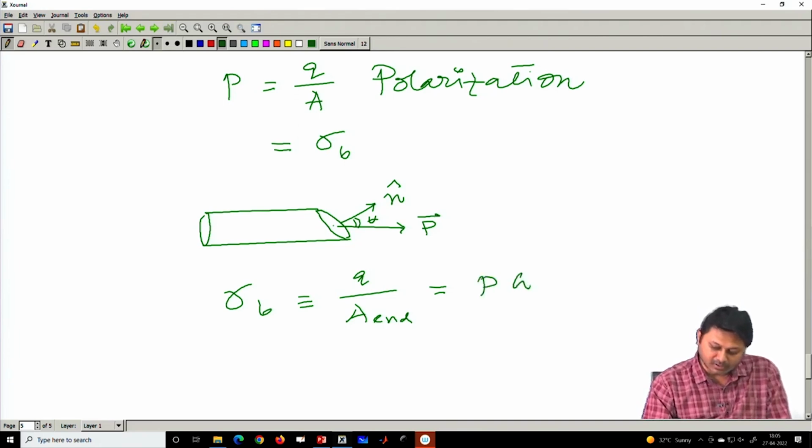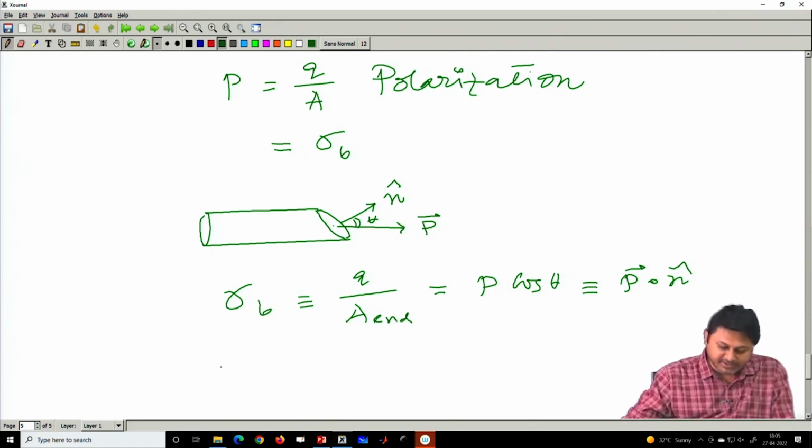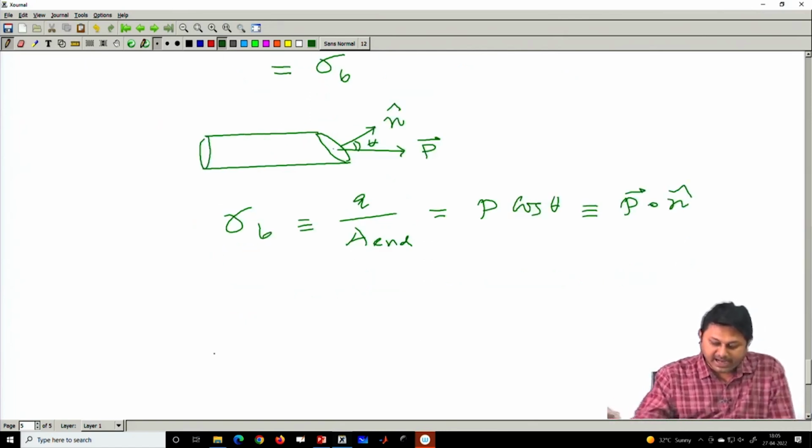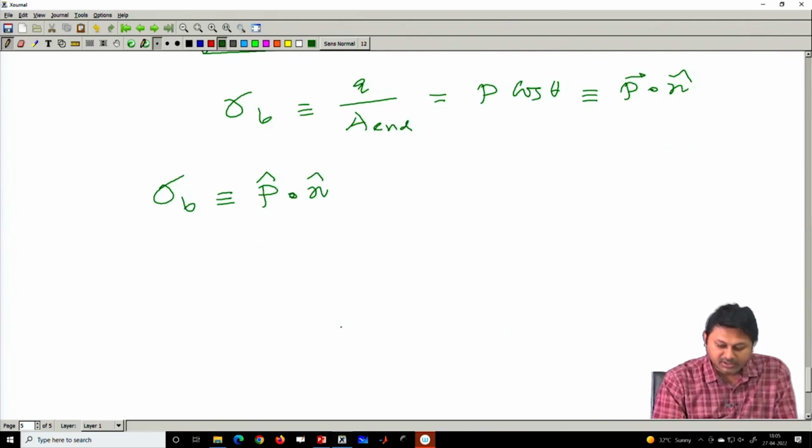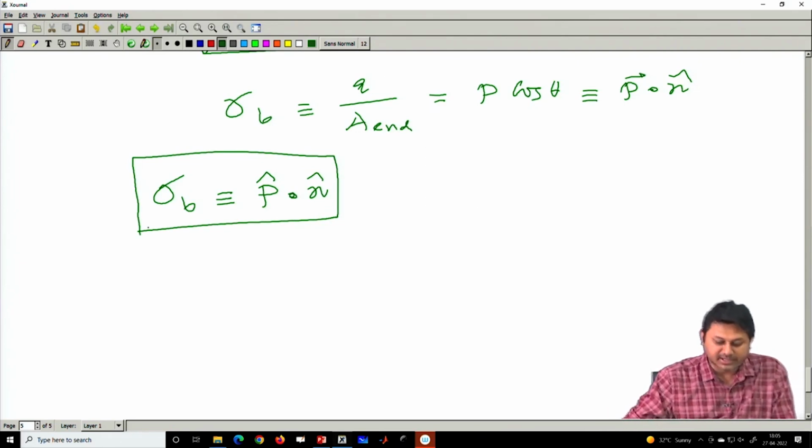So, it should be P cos theta, which is equivalent to P dot n unit vector. So, eventually what I find is that the bound surface charge density is nothing but the polarization along the surface normal, P dot n. This is the relationship between the polarization and the bound charge density. So, that is the relation we qualitatively understand.